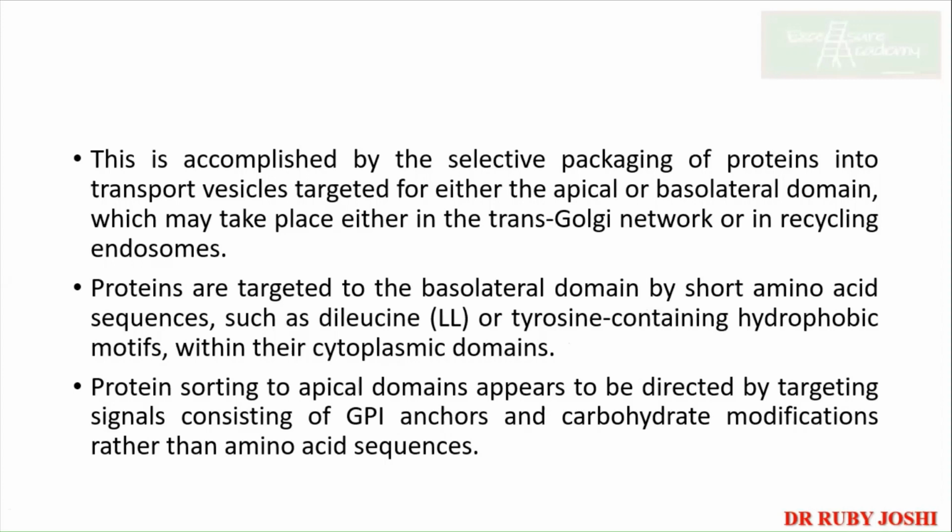Now, if a protein is apical-specific, it should have signals consisting of GPI anchors. Rather than an amino acid sequence, they should have GPI anchors or some carbohydrate modification. This is how the trans-Golgi network understands whether to send a protein to the apical or the basolateral side. Okay. Any doubts, guys? I'll stop here then.